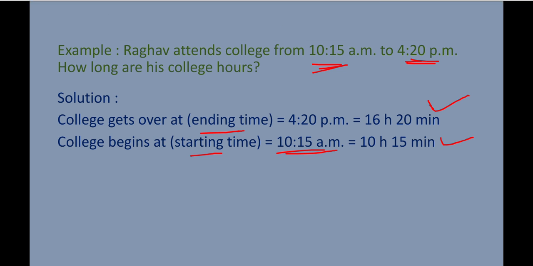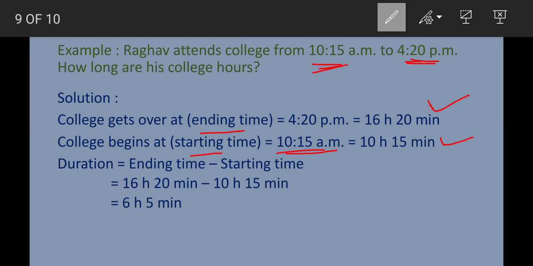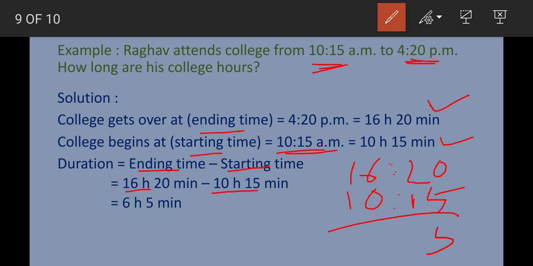Next, we have to find the duration. For the duration we know it is ending time minus starting time. The ending time is 16 hours 20 minutes and the starting time is 10 hours 15 minutes. If you subtract, here you have to borrow. 10 minus 5 is 5, 1 minus 1 is 0. Next, 6 minus 0 is 6, 1 minus 1 is 0.